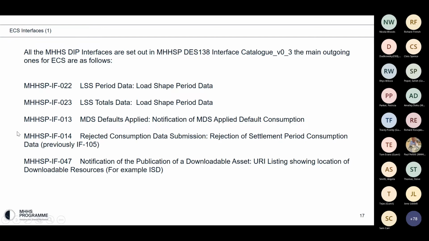And then there's the one at the bottom, interface 47. When ISD is published, it will be put onto a hosting platform, and parties will be sent this notification to say that there's new data there, and that data can then be downloaded by the parties that require that data.